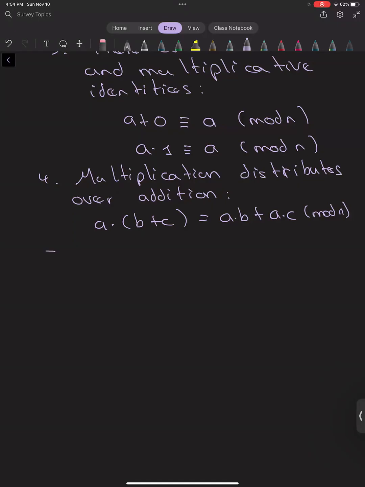So next one, number 5: for every integer a, there is an additive inverse minus a.